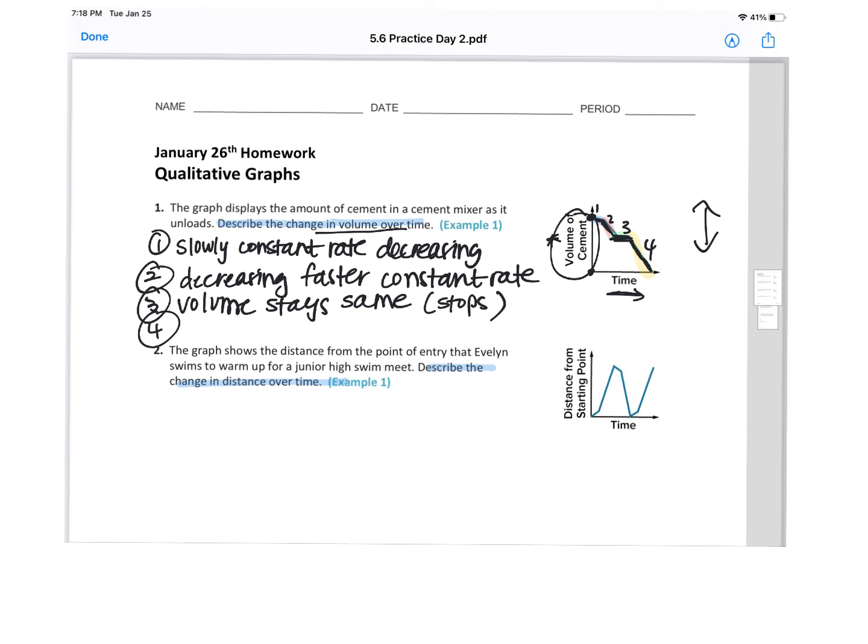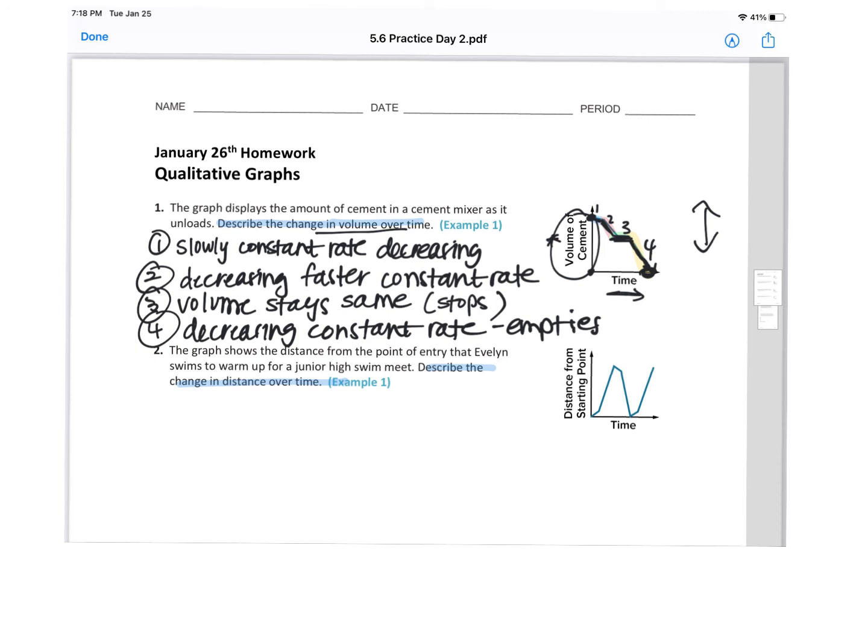It's got a constant rate. So now it's decreasing at a constant rate until it's all the way empty. So when it gets to here, now it's empty. That's how I would describe that graph.